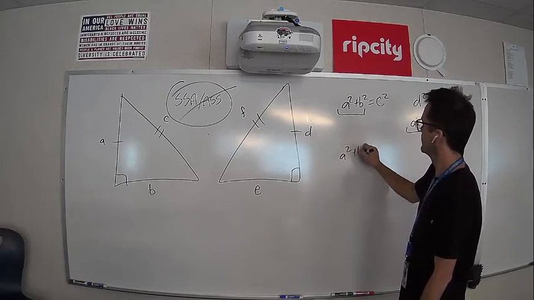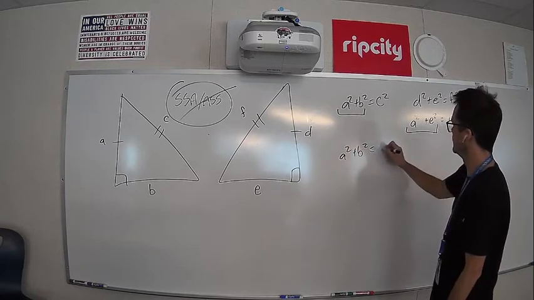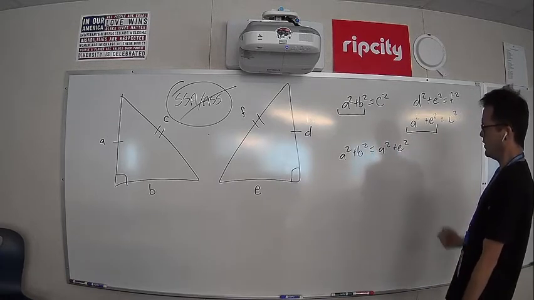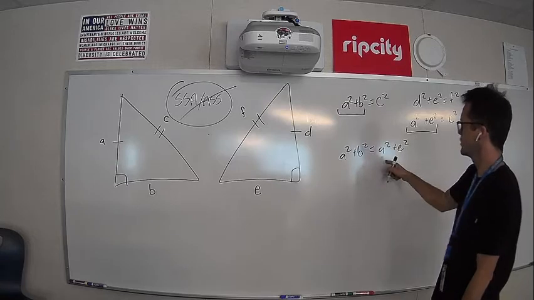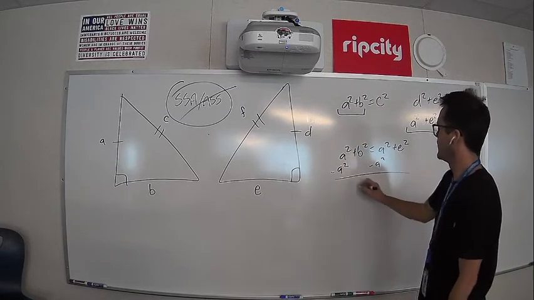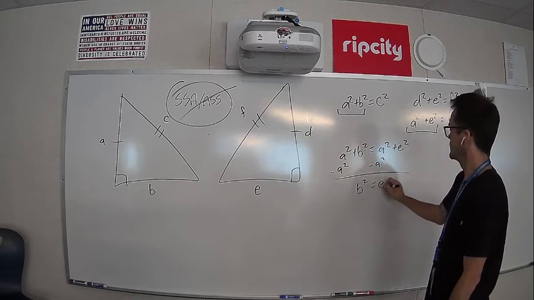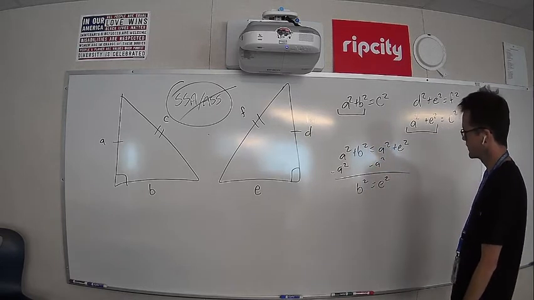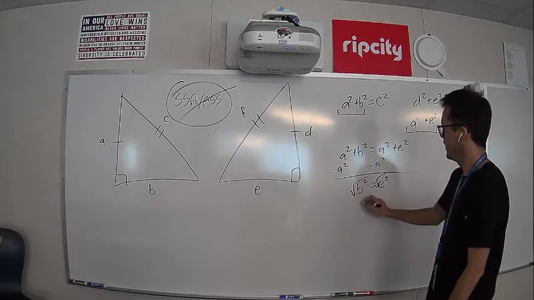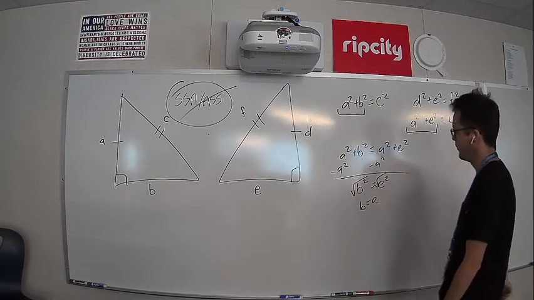So a squared plus b squared equals a squared plus e squared. Now, what I can do here, I'm going to subtract a squared from both sides. And I learned that b squared equals e squared. Take the square root of both sides. And I learned that b equals e.